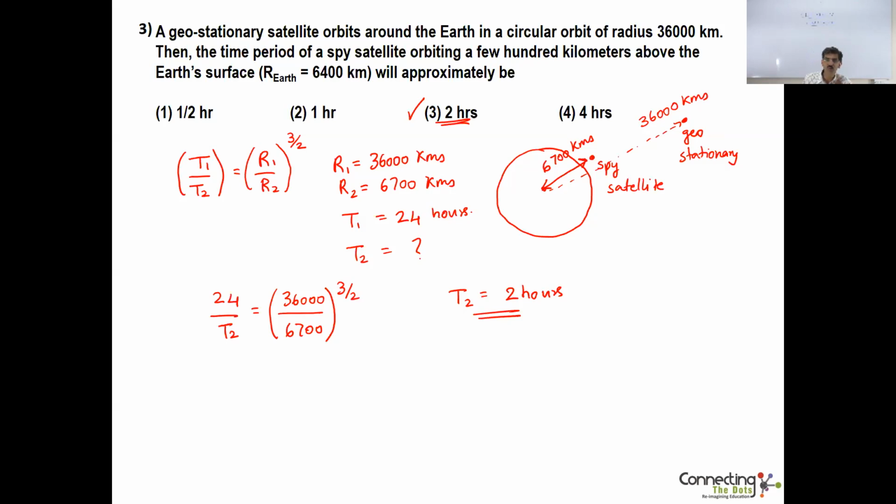It is not stated in the question, but geostationary means the time period is 24 hours. So using these two points, we have calculated the time period of a satellite which is much closer to the surface of Earth. So that is the answer to the third question.